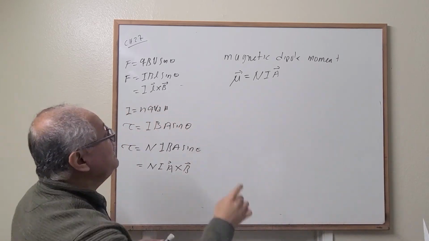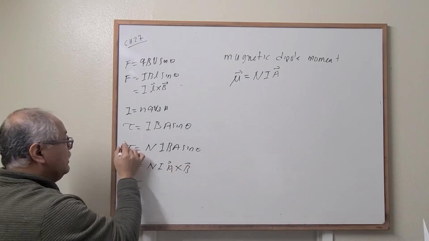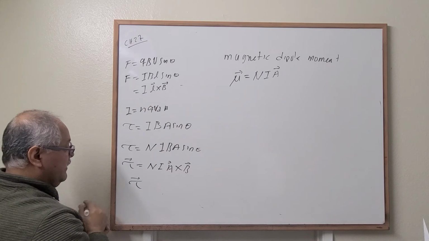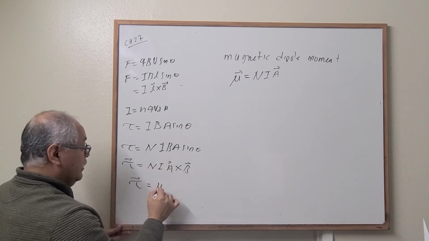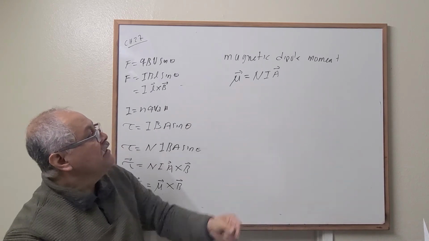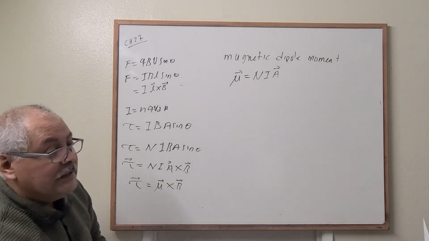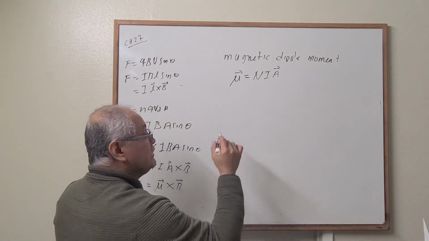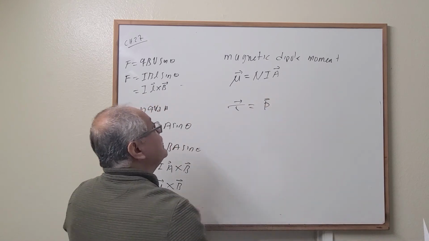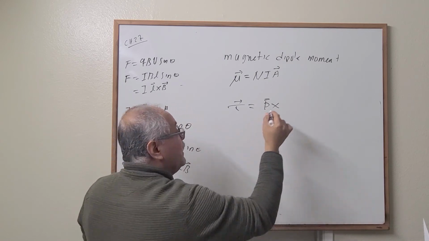Now, applying that definition, the torque tau is a vector equal to mu cross the magnetic field, where mu, the magnetic dipole moment, equals N times current times area. Likewise, from the electric dipole, the torque tau equals P, the electric dipole moment, cross the electric field.